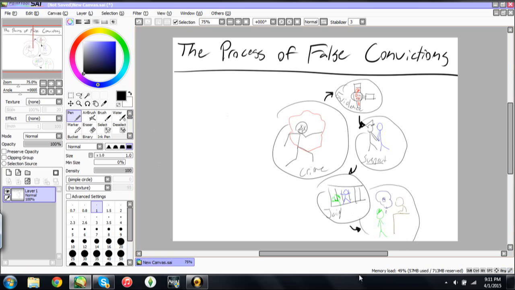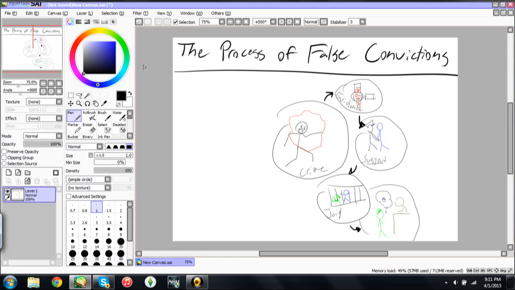So, from there, this has given the judge incentive to try this guy, basically. And so, from there, this testimony that our cellmate has given can be used against our suspect.